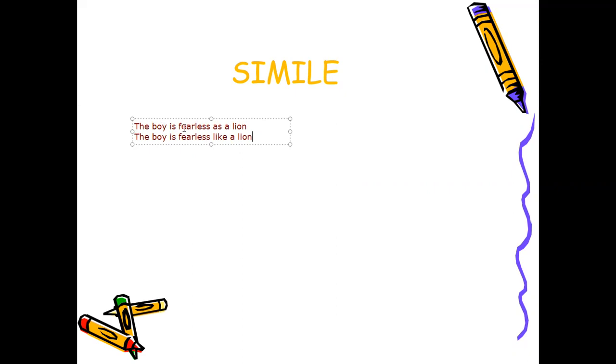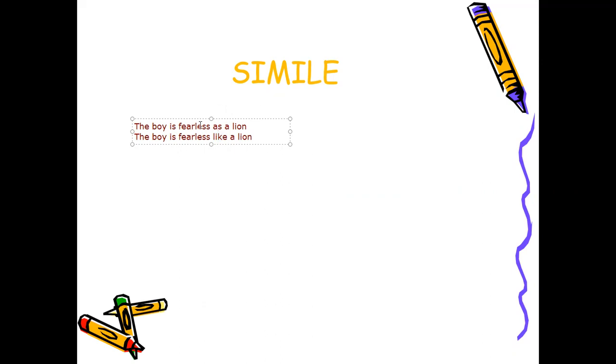What do you think? Very good. We have "as" in the first sentence, and we have "like" in the second sentence. So just those two words are different, but everything else is the same. So do you think that those two words are used in a simile? Yes, very good. Those two words are used in a simile.